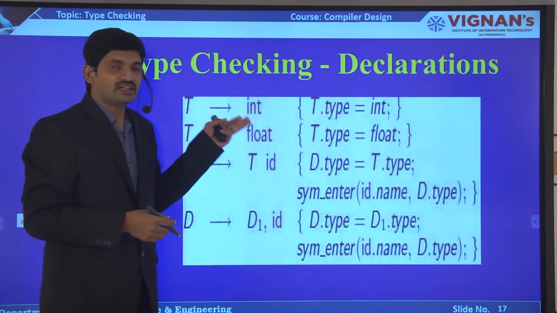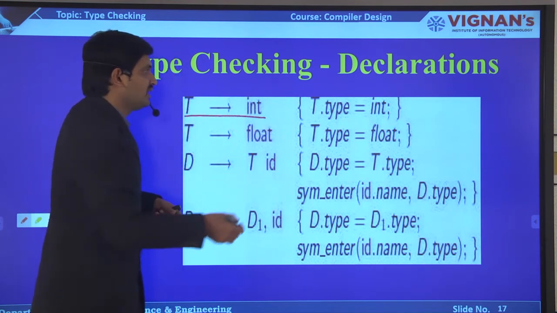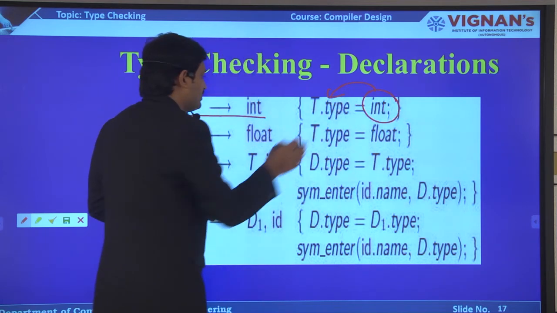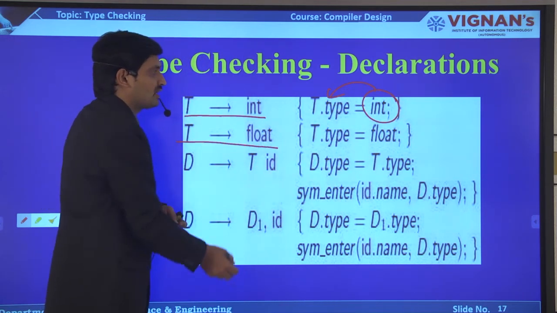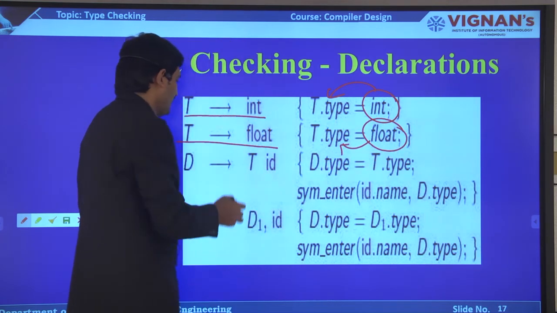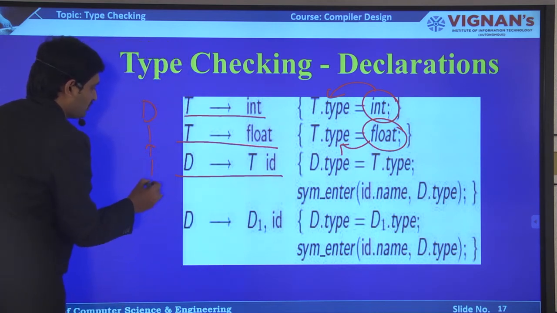Okay, let us deal with this particular one. T tends to int. That means the data type assigned to T is integer. If T tends to float, that means I have to assign a float value only to T. If D tends to T ID, that means D tends to T and T tends to ID.